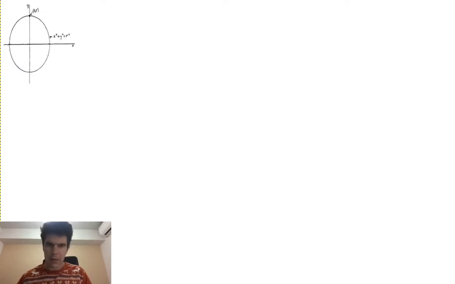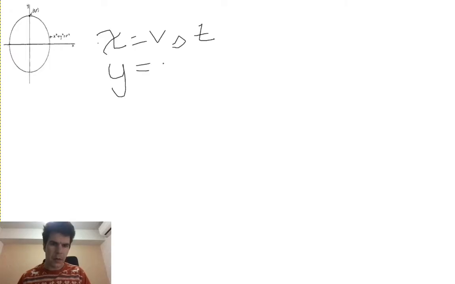In x, we have that x equals v delta t, and y equals r minus 1/2 a delta t squared.